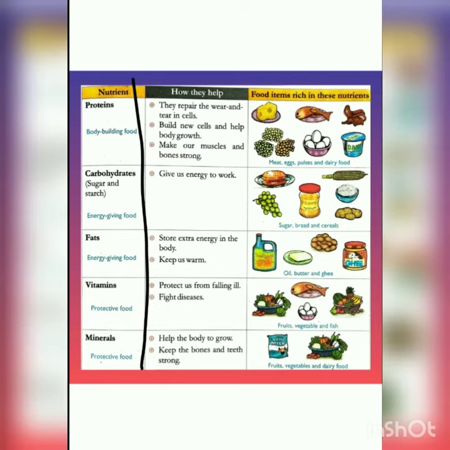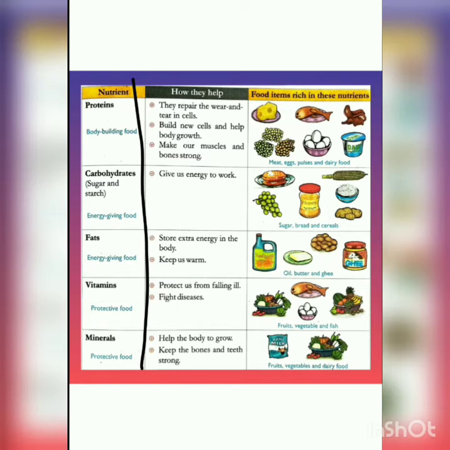The next is vitamins. They belong to the protective food group. Next is minerals. They also belong to the protective food group. Vitamins protect us from falling ill. They prevent us from diseases. They fight with diseases. And minerals help the body to grow.